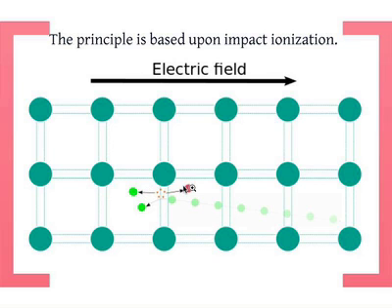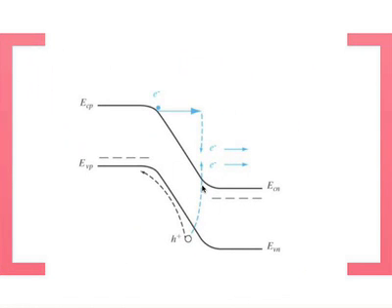So you came in with one electron, you ended up with two electrons and a hole. So you multiplied the current, essentially. If this process continues, you can have a multiplicative effect, an avalanche sort of effect. And there's a nice animation which explains this, but let's look first at the energy bands.